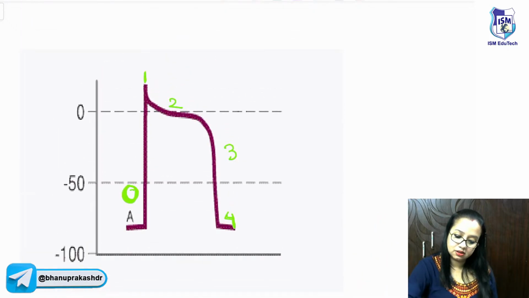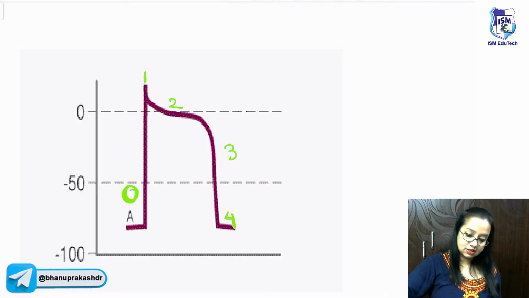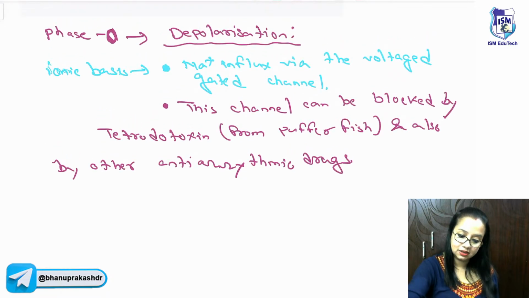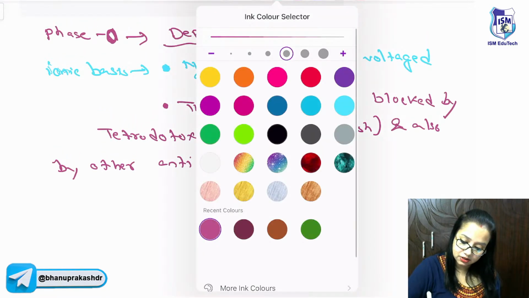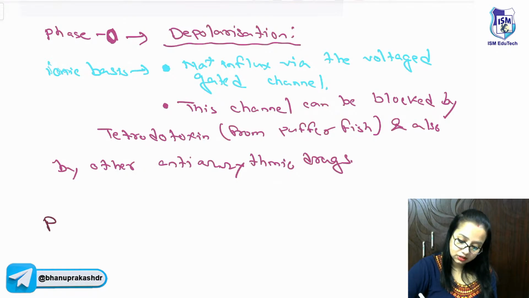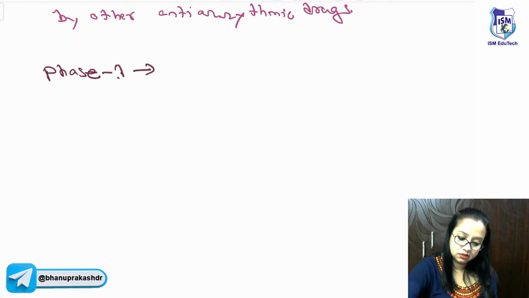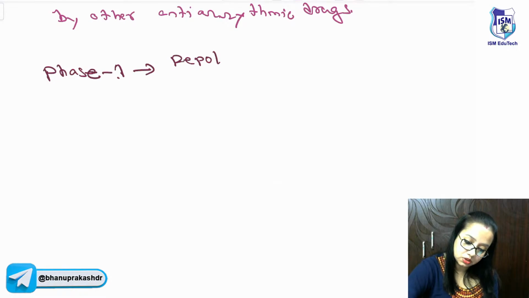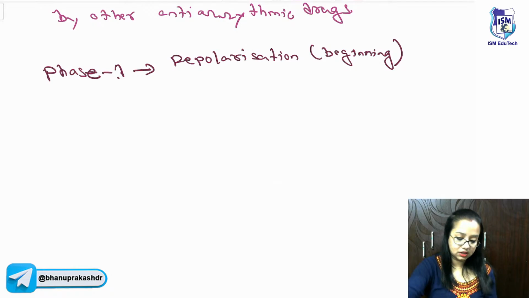Coming to the second phase, that is phase 1. What do we see in it? It is just a notch. That notch itself is phase 1, the second phase. This is the beginning of the repolarization.